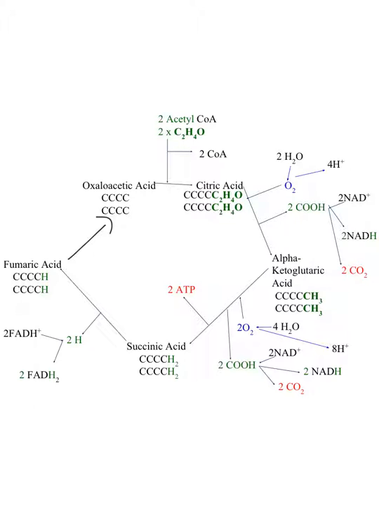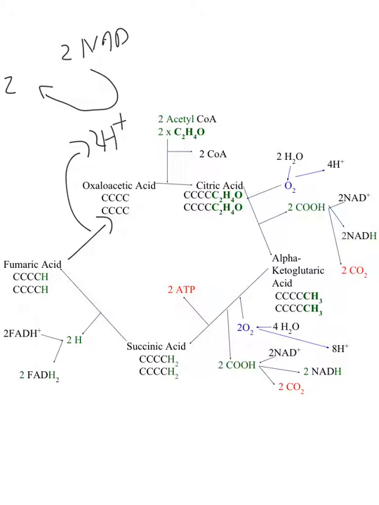That last hydrogen is going to be released, and of course there's 2 of them because we've got 2 fragments. And we'll go back to NADs. NAD picks up that hydrogen, and we end up with 2 reduced NADs, 2 NADHs. We're back to where we started.